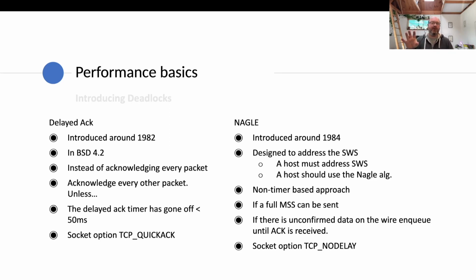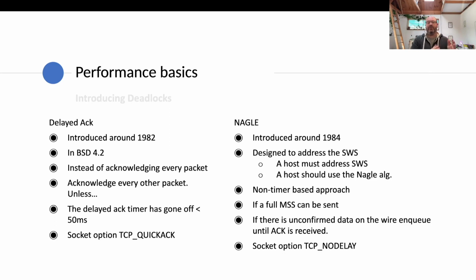However, John Nagle in 1984 was looking at this from the other end of things. When we look at a sender sending data and a receiver receiving data, there's the acknowledgement coming back, so that TCP, being a reliable transport protocol, can make sure that the payload got to the receiver. What John Nagle introduced with the Nagle algorithm was a non-timer based approach to transmission of data from the sender side.